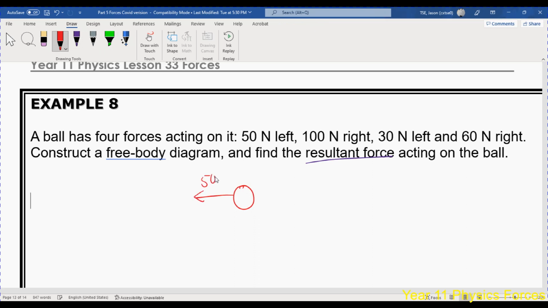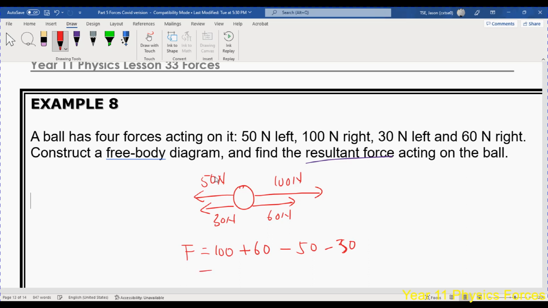So the resultant, obviously, you need to add the forces to the right and take away the forces to the left. So it just becomes 80 Newton to the right.